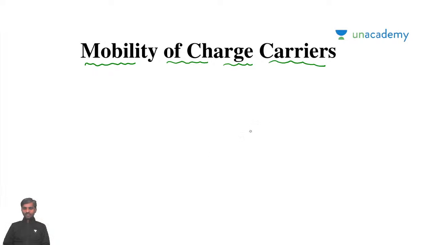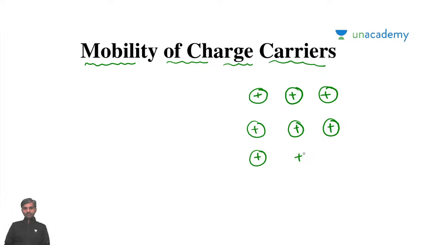Let's consider something like this. Let's consider you have some positive ions, and let's say some free electrons are available here. I'll talk about this in detail now. Just look here.